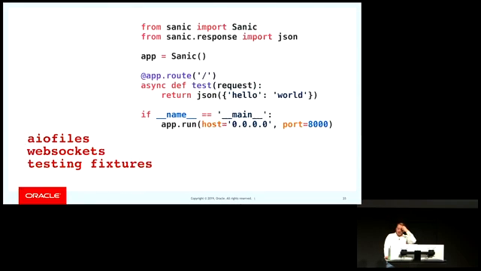And this is what Sonic actually imported along with that: aiofiles, WebSockets, and testing fixtures. So tell me please, if I need a simple HTTP server, why should I import WebSockets and testing fixtures? It pollutes my sys.path. I don't want to see that unless I actually want to use it.